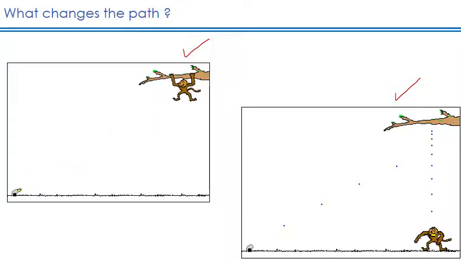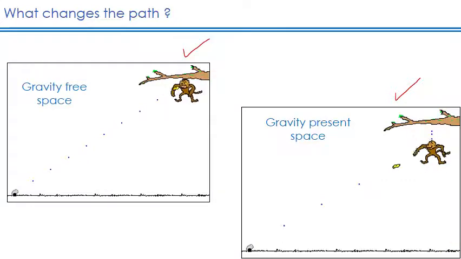The difference in the two examples is that one is a gravity-free environment and the other is where gravity is present. So the change of direction is due to gravity, or the gravitational force, that changes the direction of motion of the object.